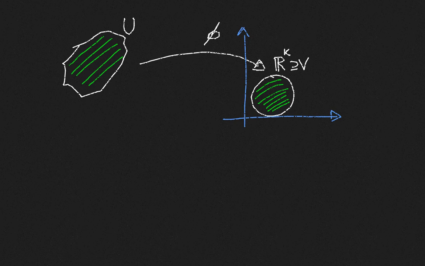Now, if you take a point here, you can follow it and it goes to some point here. For this point, you have coordinates, the coordinates of Rk.